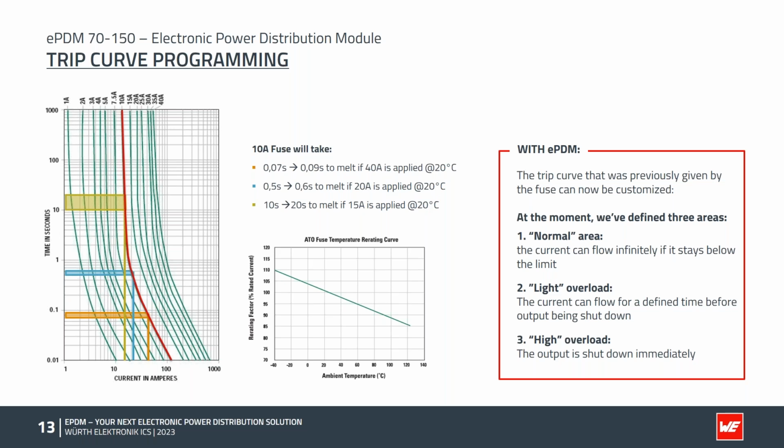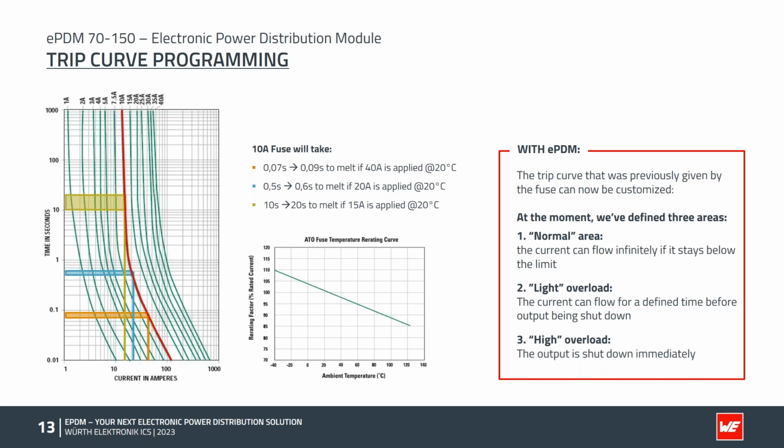The ePDM aims to offer a programming block for our customers to configure this behavior. This block provides a complete diagnostic of the output stage. It manages 3 different states to define the output health. The first one is a normal area. The current flow is within the defined expectations, or what you just programmed. The second area would be a light overload.